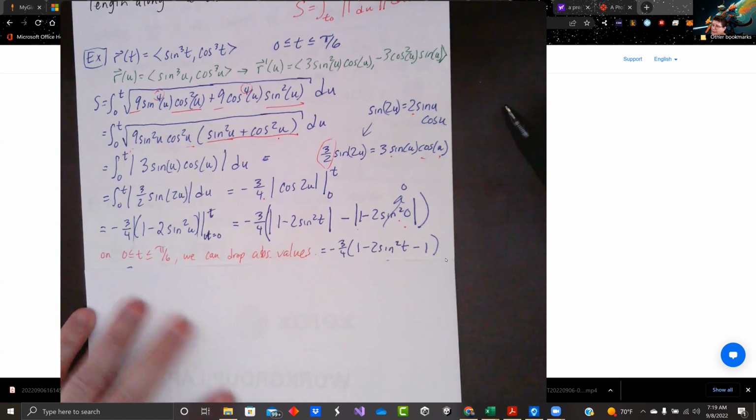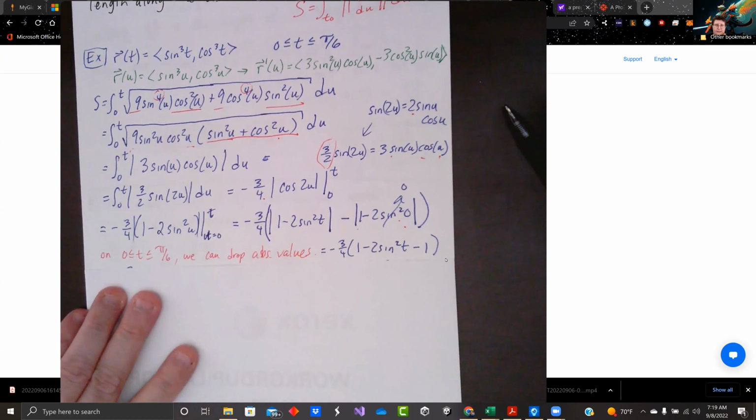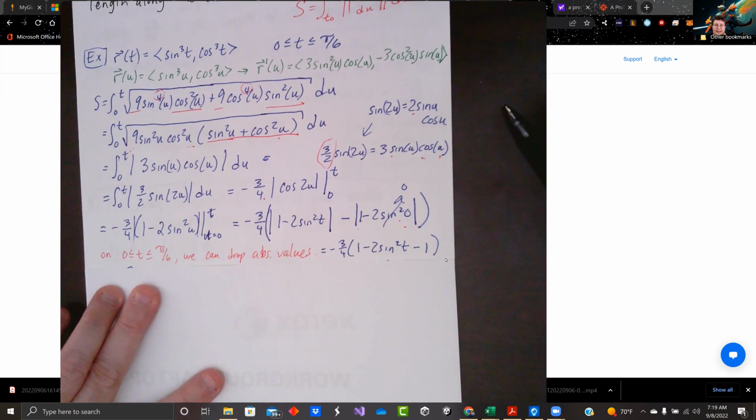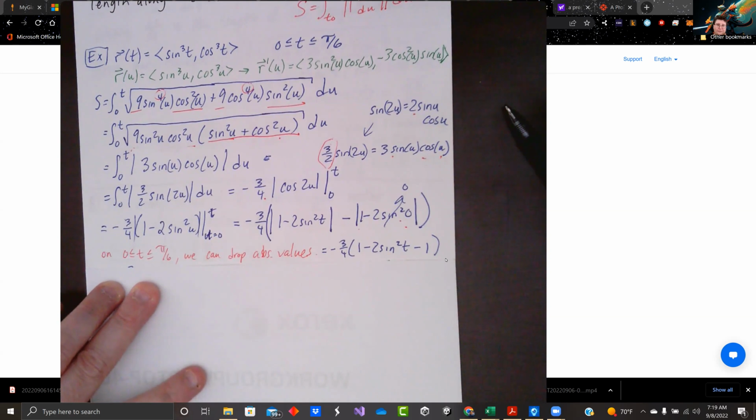And this is why, well, I guess it wasn't to keep it smooth. I said smooth earlier. On 0 to pi over 6 for t, sine is positive everywhere there. It's positive from 0 to pi over 2. We could have done something bigger, or 0 to pi, sine's positive.